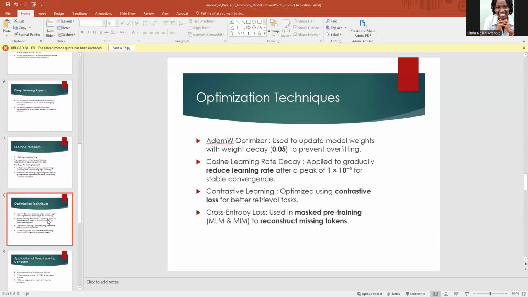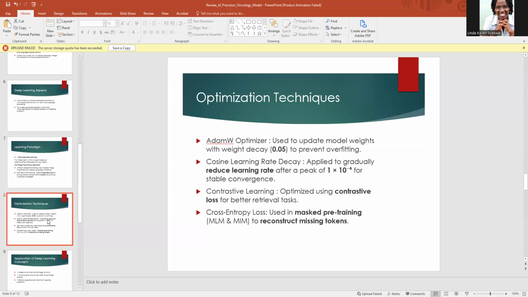The optimization tools were the AdamW optimizer, which updates model weights with a weight decay of 0.05 to prevent overfitting. The other technique was cosine learning rate decay, applied to gradually reduce the learning rate after a peak of 1 times 10 to the power -4 for stable convergence.